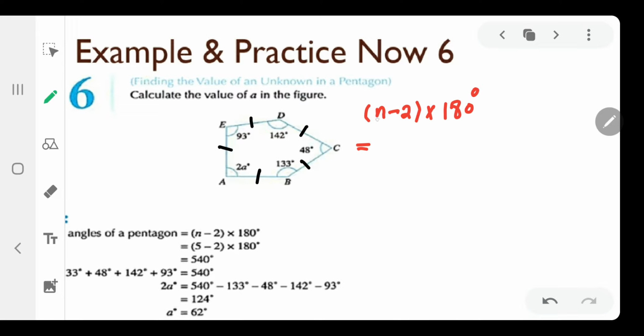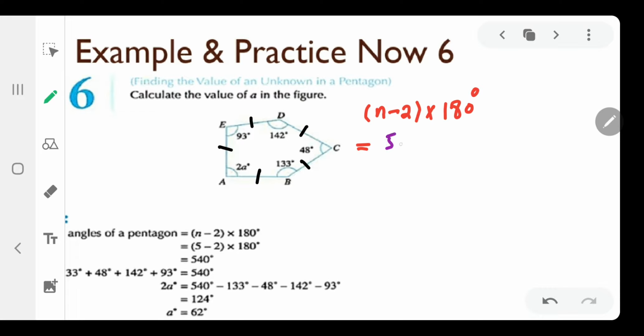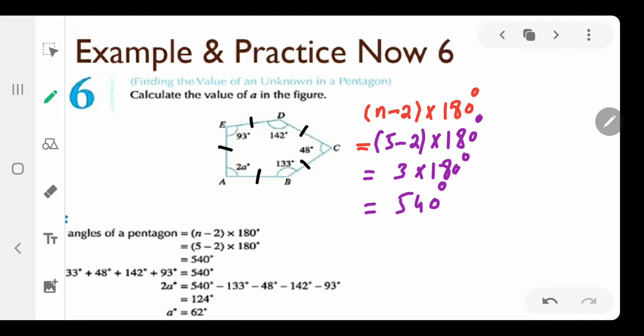Now we have number of sides equal to 5, so by substituting n equal to 5, we get (5 minus 2) multiplied by 180 degree, so 3 multiplied by 180 degree, which gives us the result 540. Now we have found the sum of interior angle of this polygon.